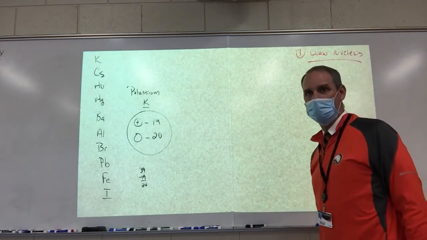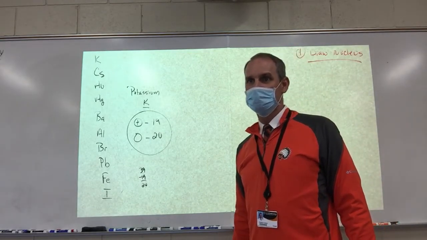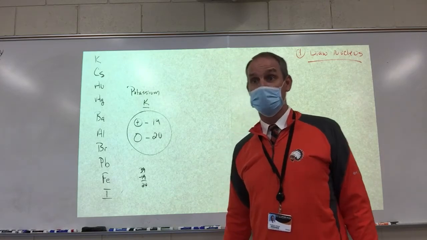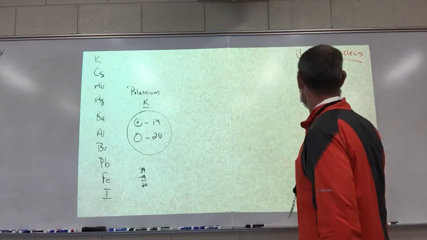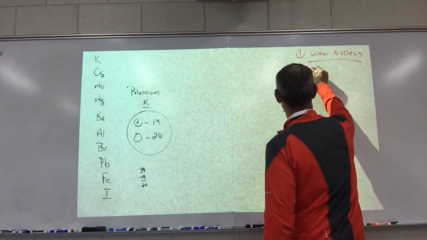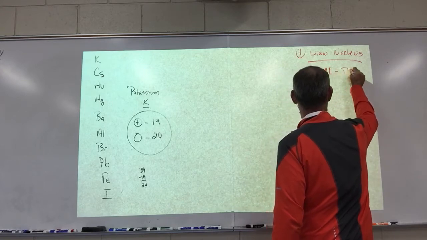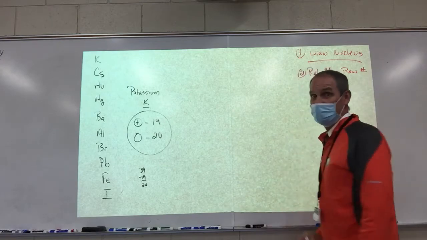What's step two, Max? What do I do next? Step 2 would be find the row and column it is. Correct. What row is it in? Look at potassium. We're looking for rule number 1, right? Rule number 1 is row number, which tells us what?